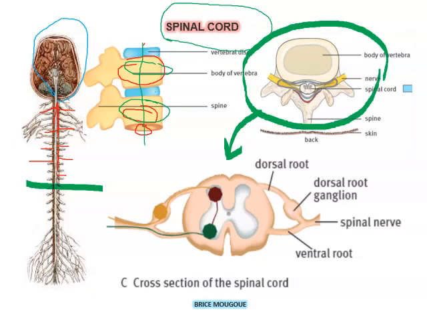You will see these are the different vertebrae here, 2 vertebrae, for example. The space that we have here will be the exit and entry point of the nerves from the vertebrae, passing through the dorsal and ventral roots.